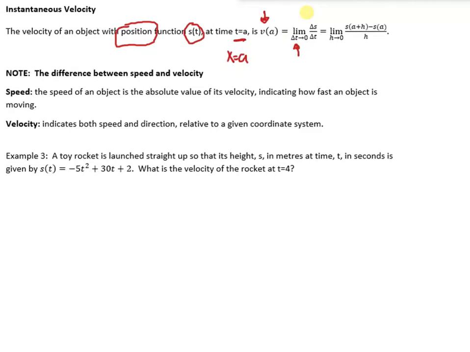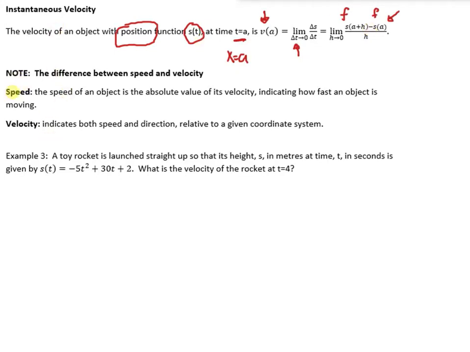Like we want it to be so close in time that delta s over delta t is going to represent that instantaneous rate of change. So the limit as h approaches 0, and we have the exact same formula, but instead of using f, we're using s, right? s just representing the position function.